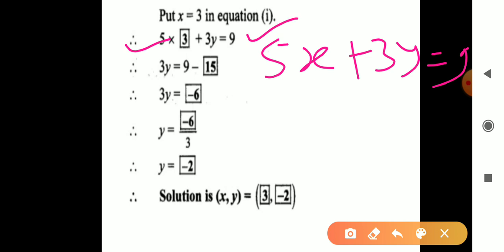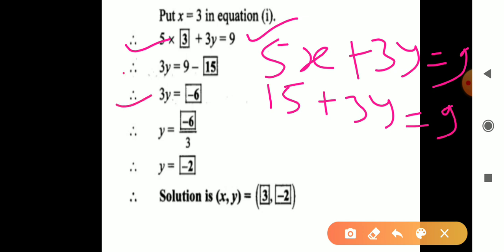Then 5 into 3 becomes 15, plus 3y equal to 9. Then in this step, this 15 has a plus sign, so when transferred to the right side it becomes minus. So 3y equal to 9 as it is, and plus 15 becomes minus 15 when transferred to the right side.